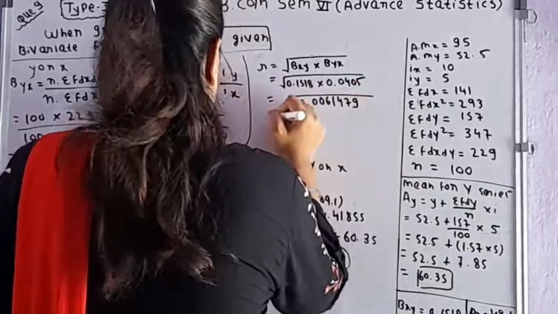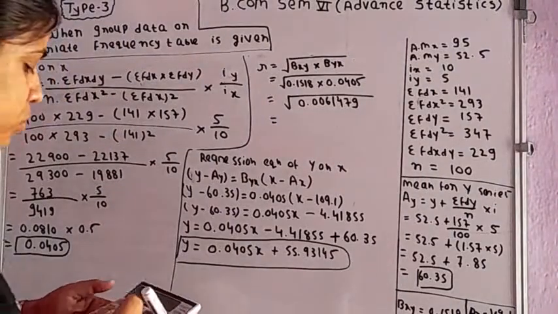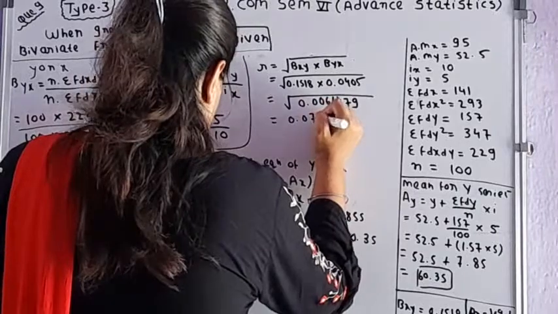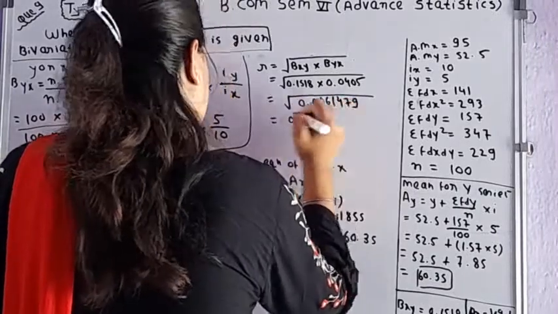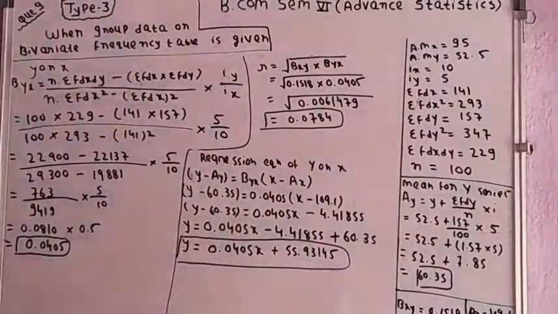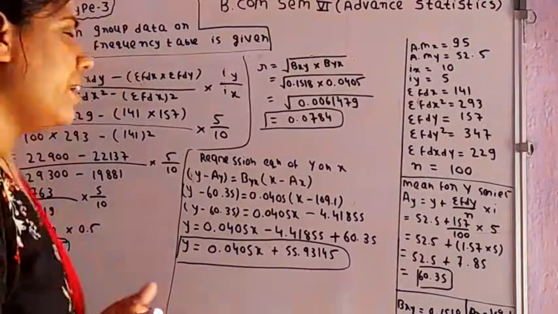Now we take the under root of this, and it comes to 0.0784. So the value of r comes to 0.0784. This way we have found the coefficient of correlation as well.